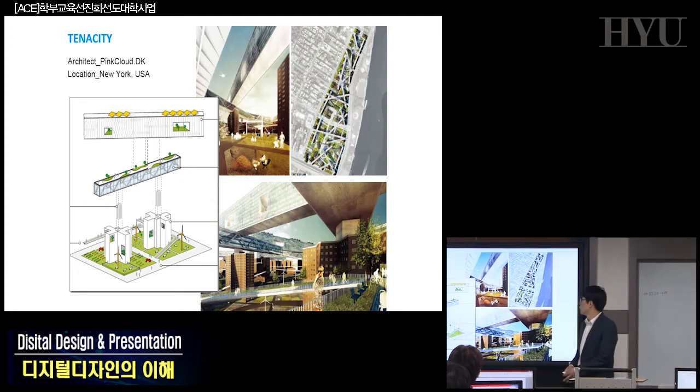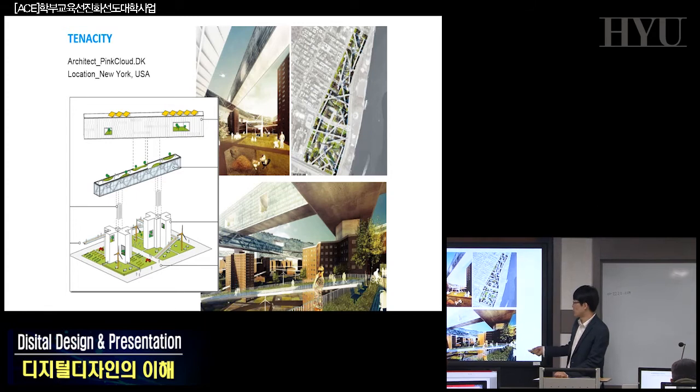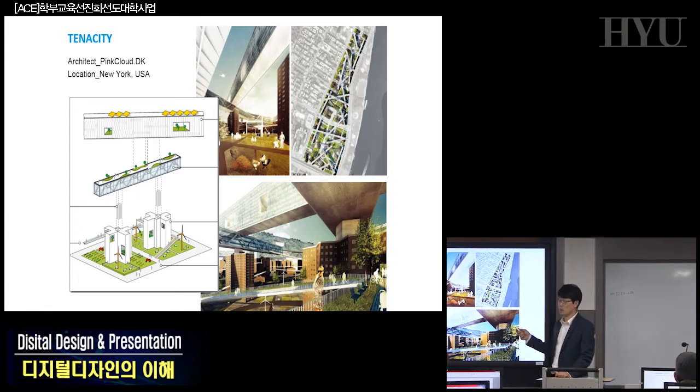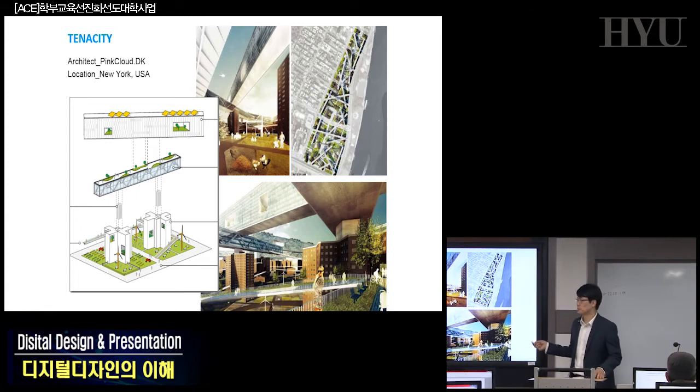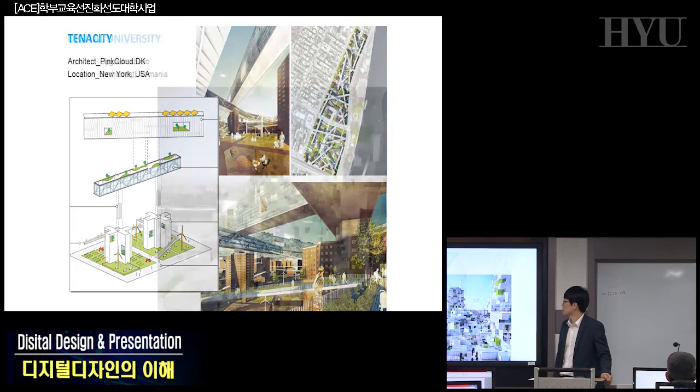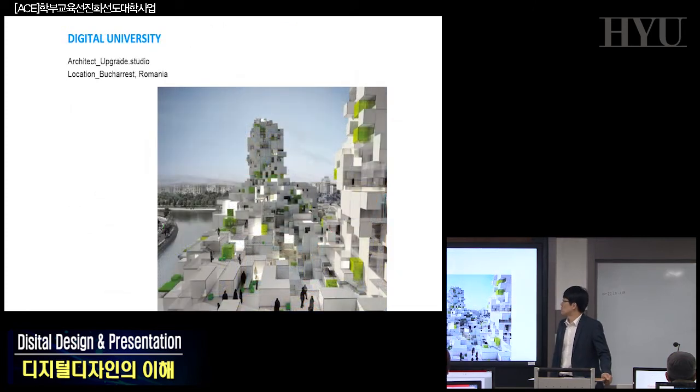So we can imagine the geometric shape and the main functional capability of these buildings, structures, and so on. Designed by Pink Cloud, Tana City. How about this one, next one, Digital University, done by Upgrade Studio for a specific site, Romania.